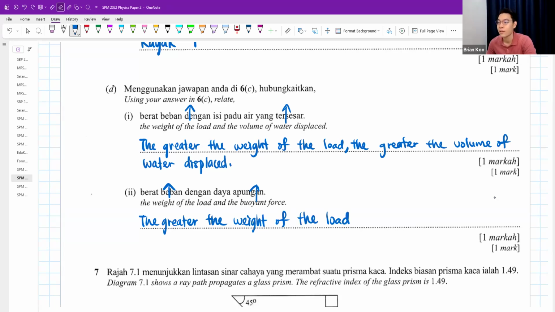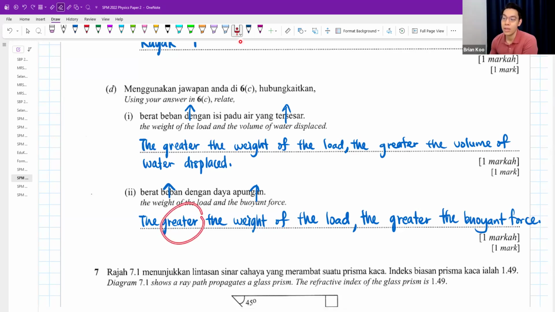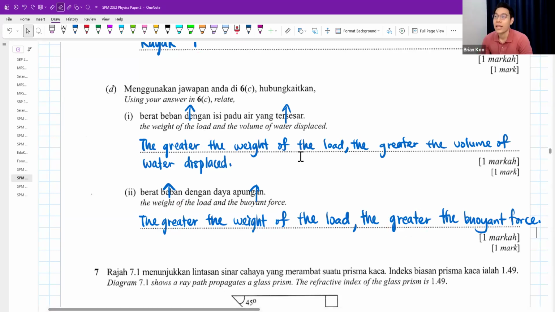So greater weight means greater buoyant force. You don't have to write greater, you can write increase. As the weight of the load increases, buoyant force increases. If you don't like the word greater, you can say higher, larger, bigger, all the same. No problem. That is question number 6.